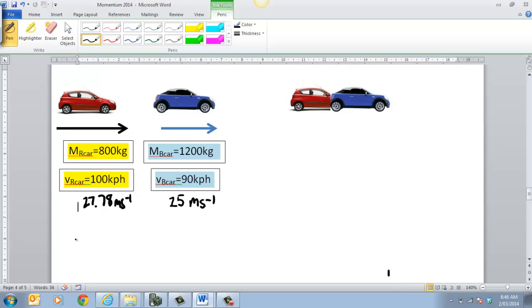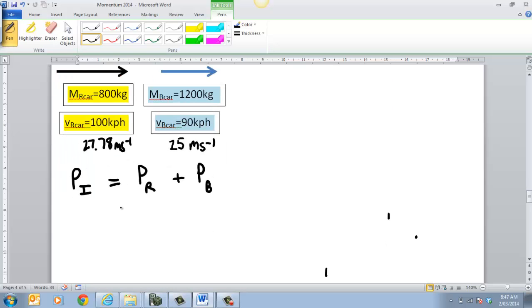So I'm going to say here, and this is probably good setting out, the initial momentum is equal to the momentum of the red car plus the momentum of the blue car, isn't it? The momentum of the red car is equal to the mass, which is 800, times by 27.78, plus the blue car, which is 1200, times by 25.